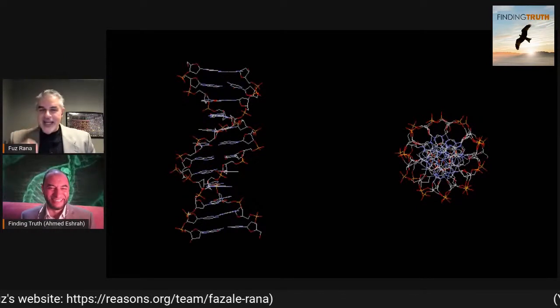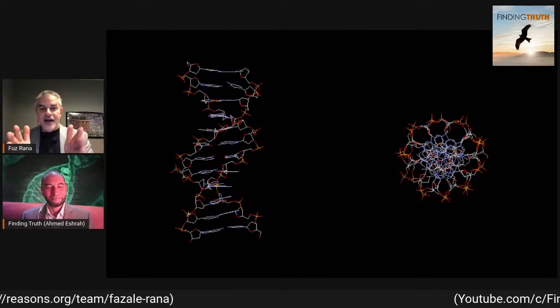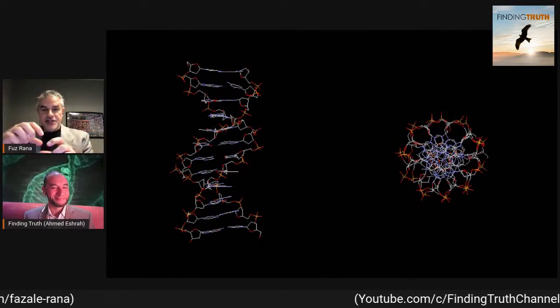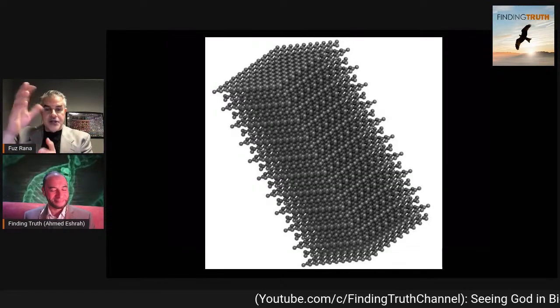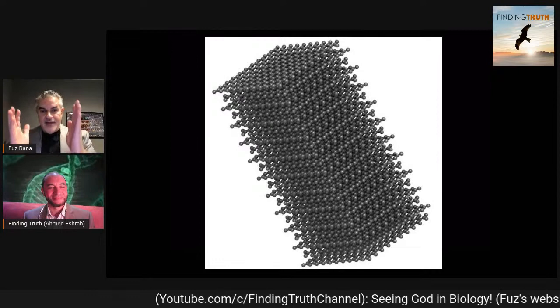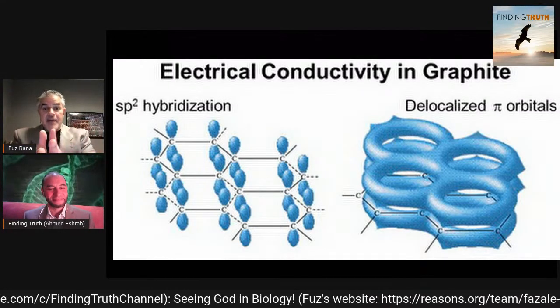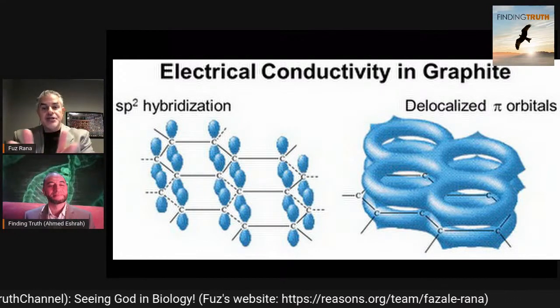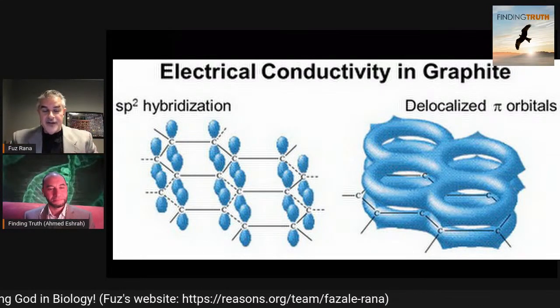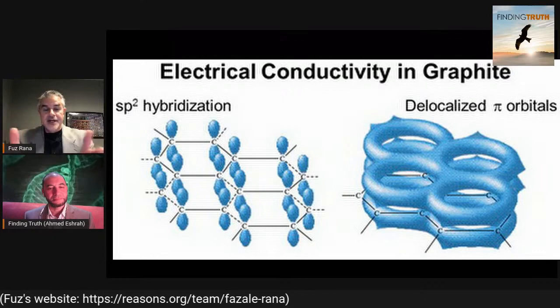You will get electrified. Right, and graphite, of course, consists of these fused carbon rings that are planar, and then you have these sheets of graphite that stack on top of each other, and you get the same kind of pi-pi interactions, and that's how current is conducted through graphite.